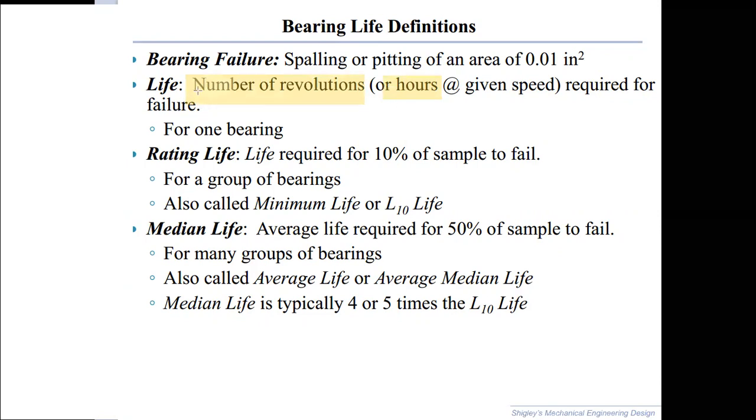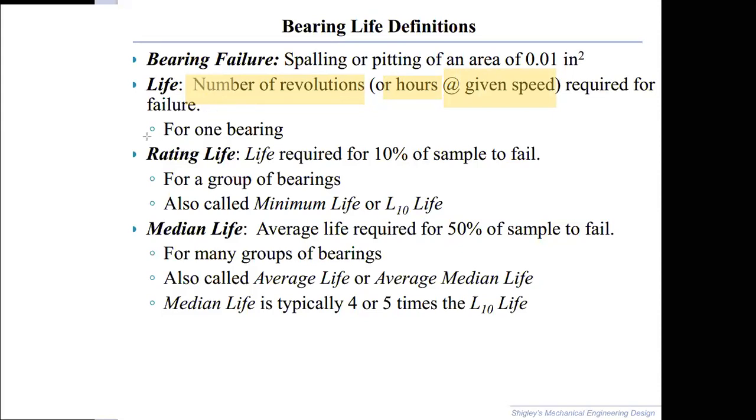If we are talking about the life of a bearing, how many revolutions can a bearing safely complete until it fails? That will be the life of a bearing in revolutions. If we are talking about hours at a given speed, it will be the number of hours at a given speed that a bearing can complete without failure.